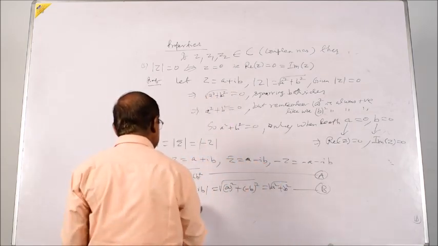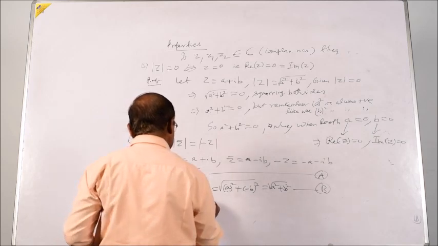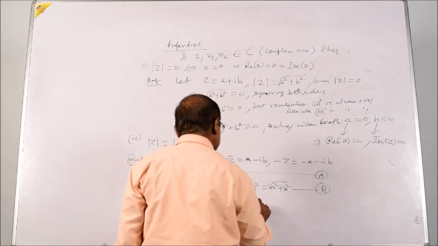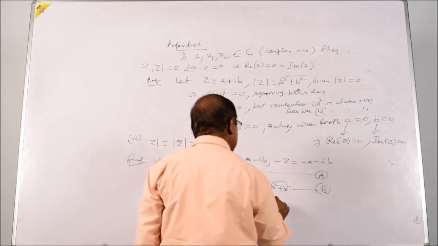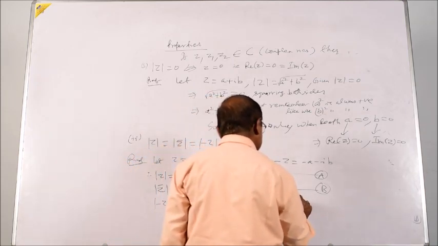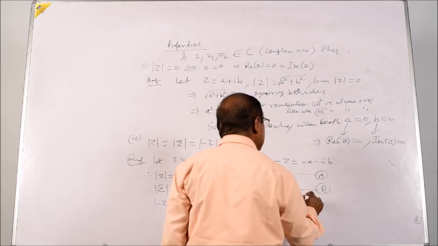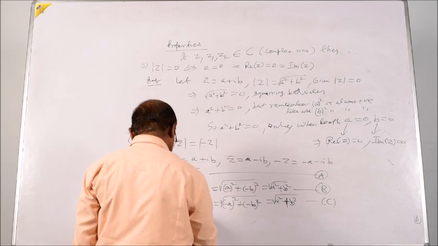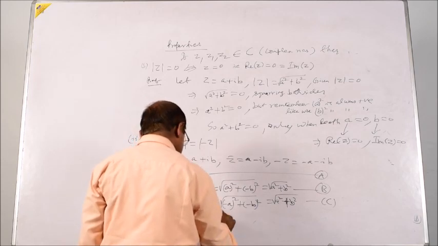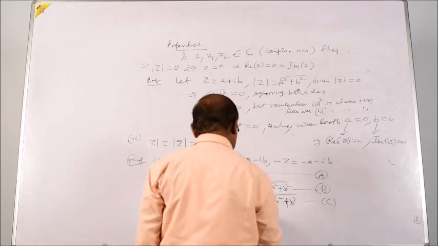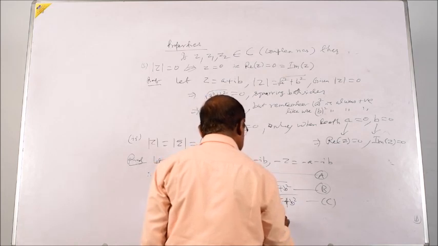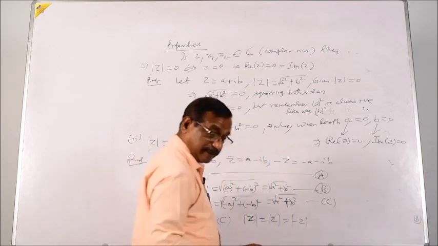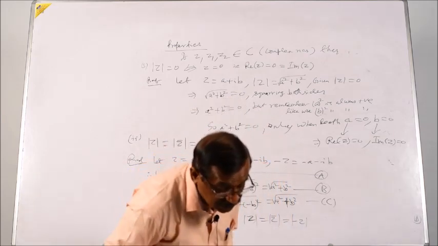That is modulus of minus a minus ib, that is the square root of minus a square plus minus b square, that is the square root of a square plus b square. So, from all these, mod z is equal to mod z bar is equal to mod minus z. So, proved. Now, let us go to other properties.